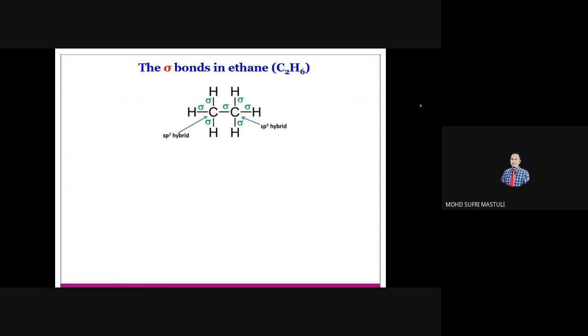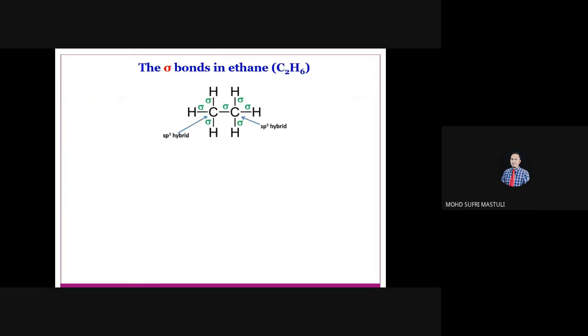We try to identify for whatever molecule, what is the hybridization for the central atom, and then we try to identify how many sigma and also how many pi. So the first example is ethane, C2H6. If we have this molecule, we can tell the hybridization for this carbon.